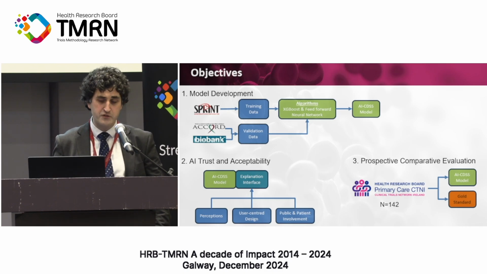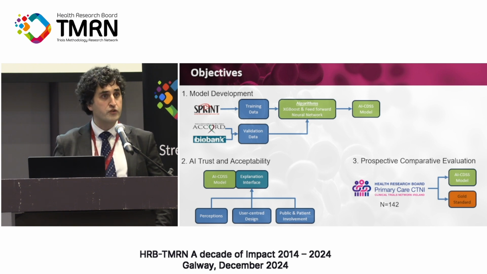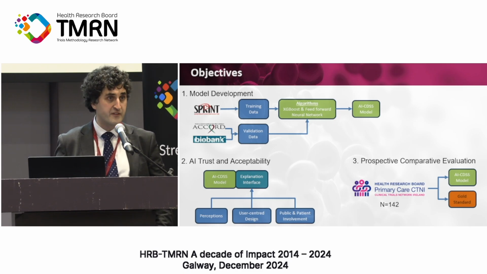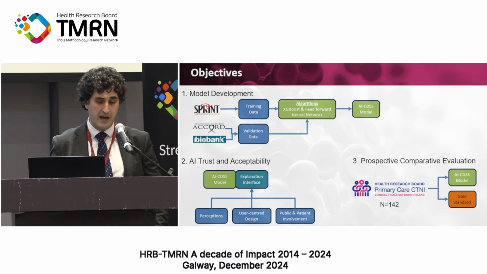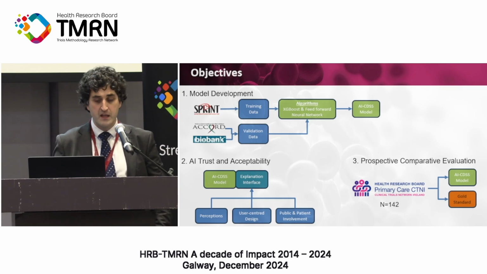We're currently doing a survey of 600 patients and physicians about their perceptions of the use of AI for clinical decision making for hypertension. We're also doing user-centered design experiments. How do we present the information in a way that the physician can make a meaningful treatment decision on? And we have a strong public and patient involvement group as well that guide us on every step of this journey.